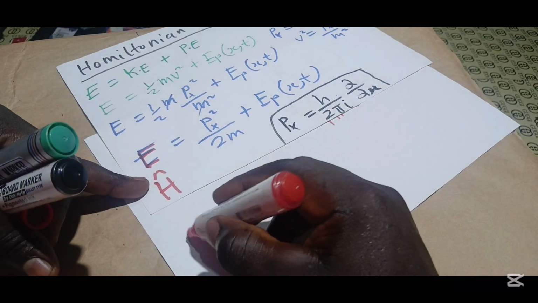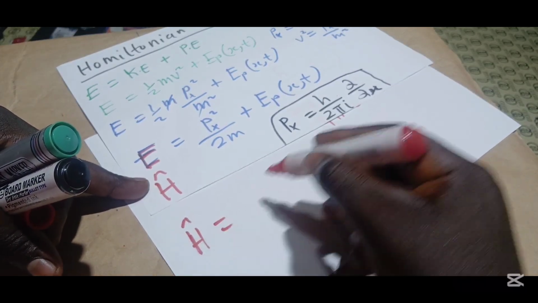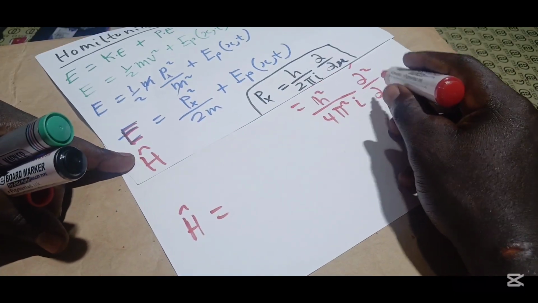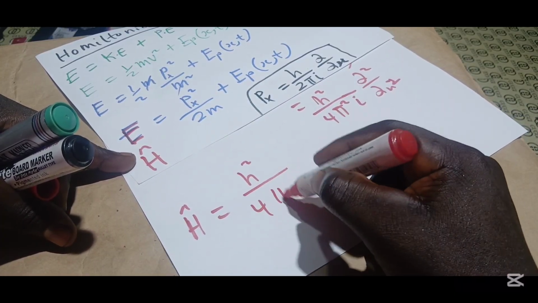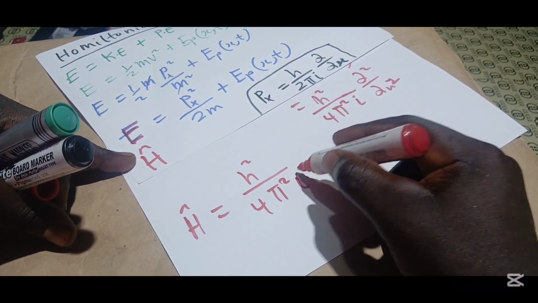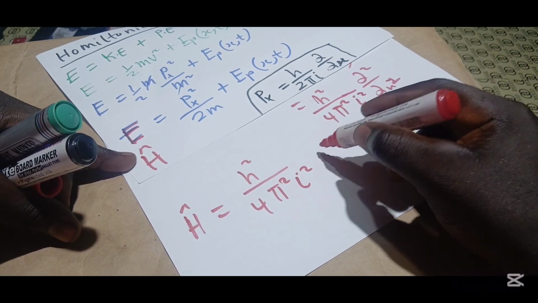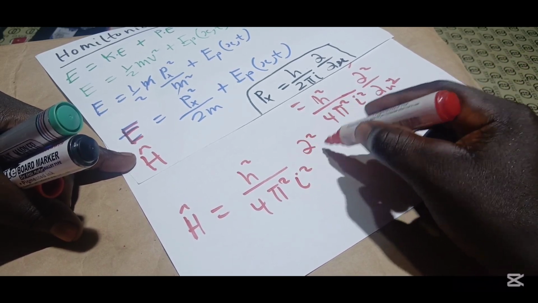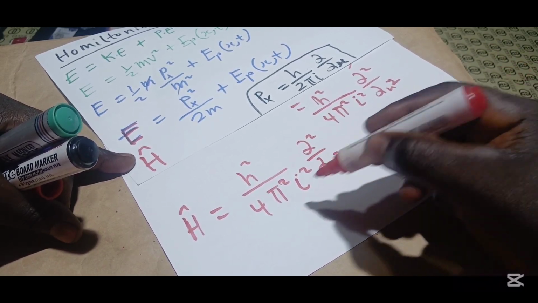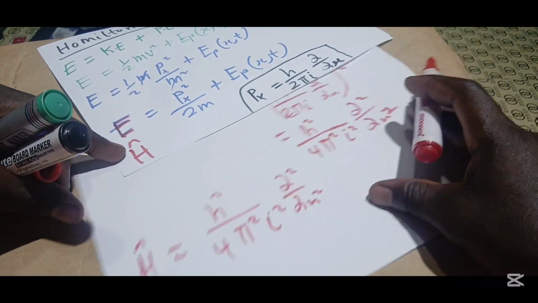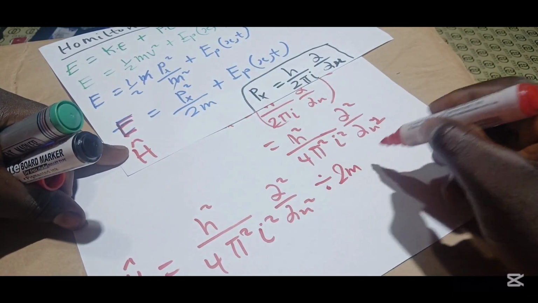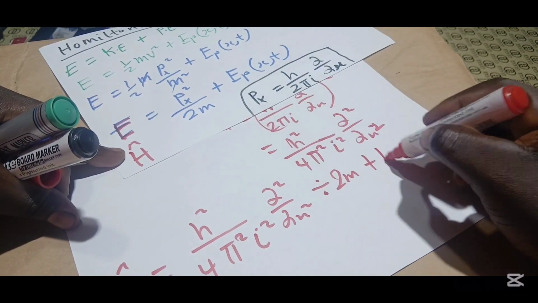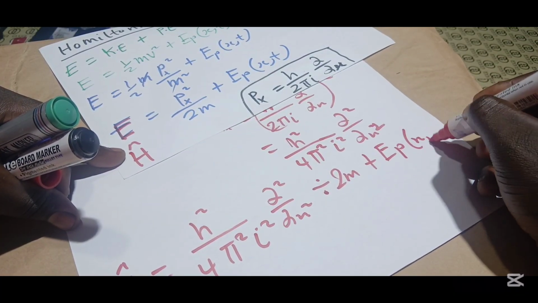So now our H hat equals h squared over 4 pi squared i squared, d squared over dx squared, all divided by 2m, plus the potential energy EP of x, t.